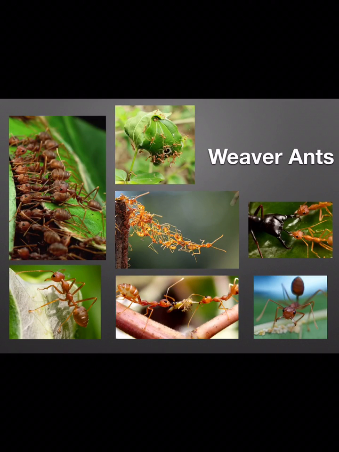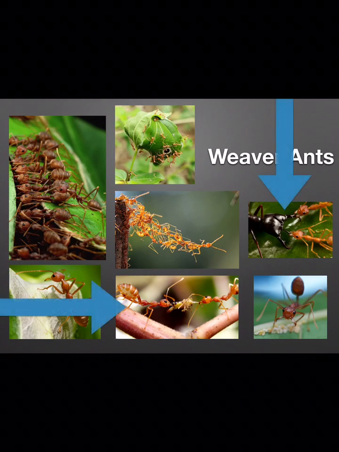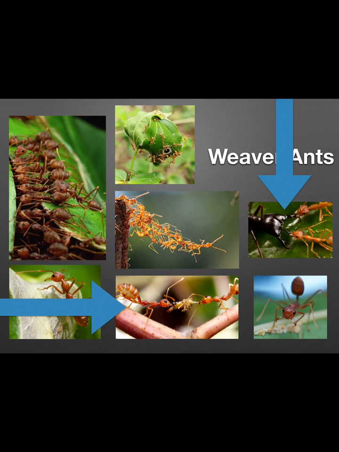Okay, so here are quite a few pictures of weaver ants so you can get an idea of what we're talking about. And these 2 pictures basically show how the weaver ants work together. If they are going after something that's just too big for one ant alone, they will hold on to important parts of the other insects, making them helpless and unable to defend themselves.